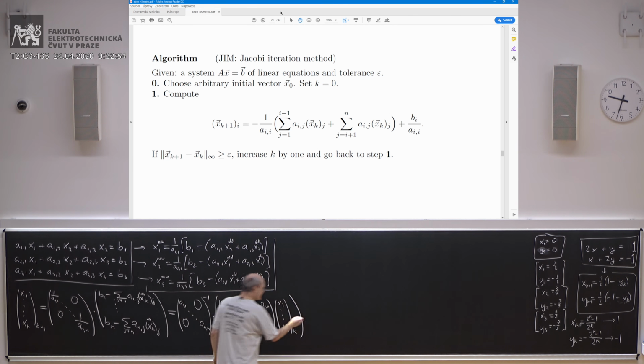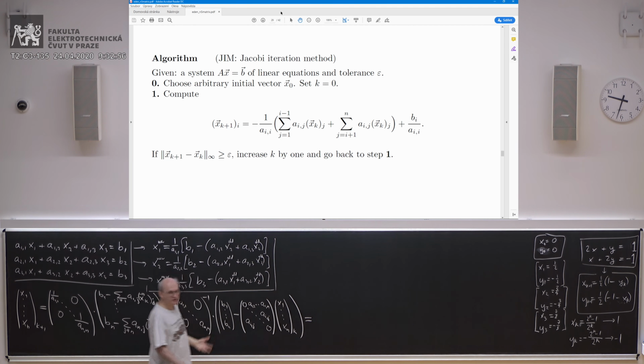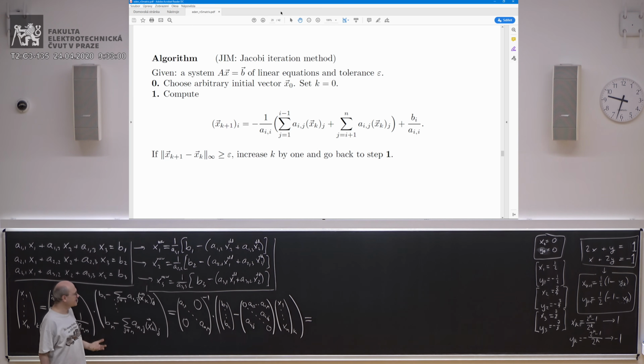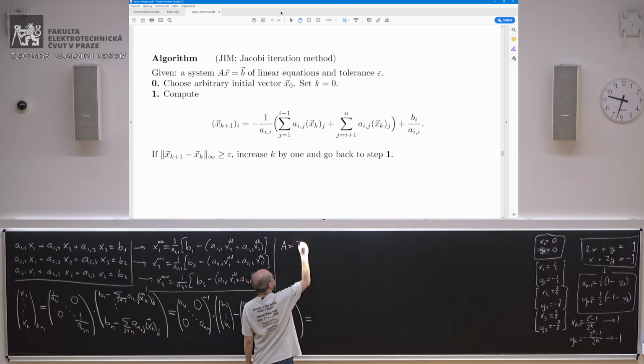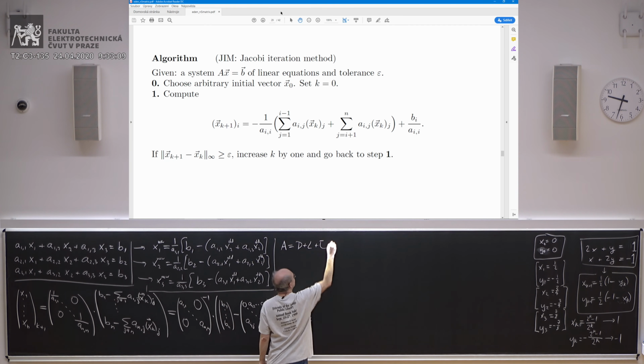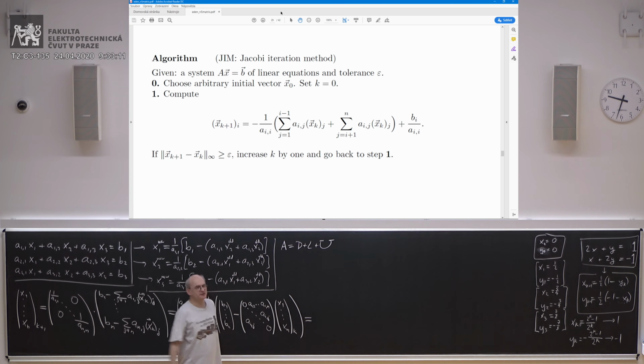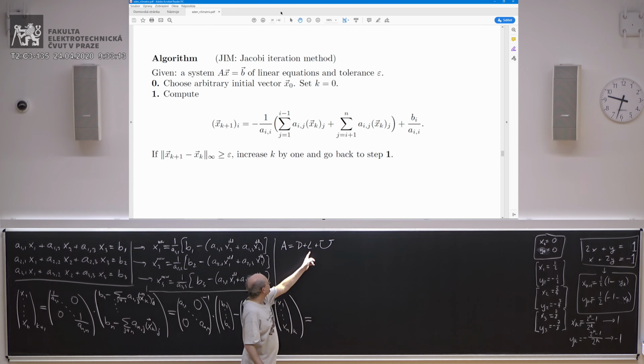Now, I would like to write it in a more compact way. And there is an idea which is called matrix decomposition. Every time somebody gives you a matrix, you can always write it as D plus L plus U. Now, D is a diagonal matrix. L is a strict lower triangular matrix, and U is a strict upper triangular matrix.